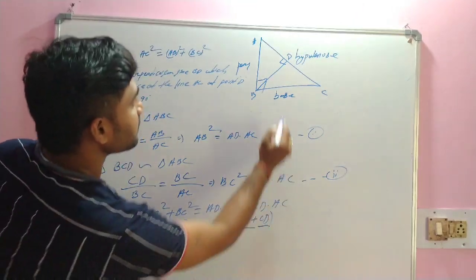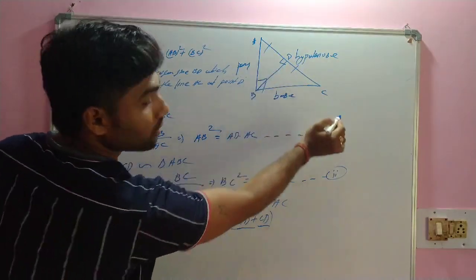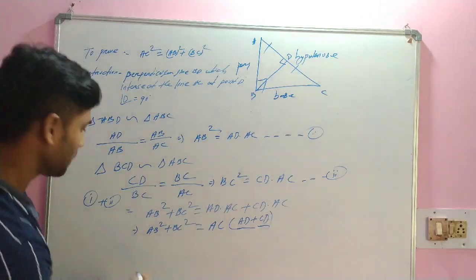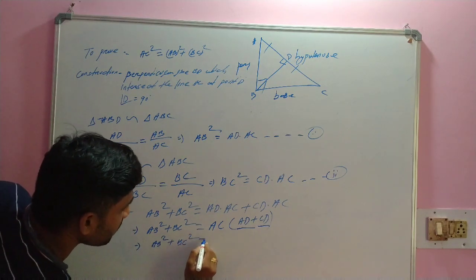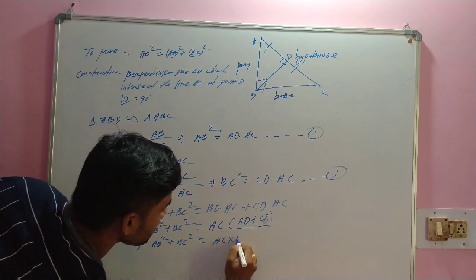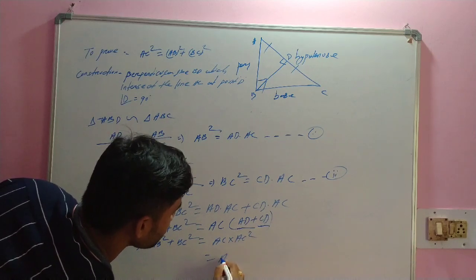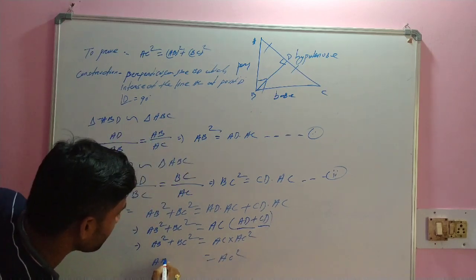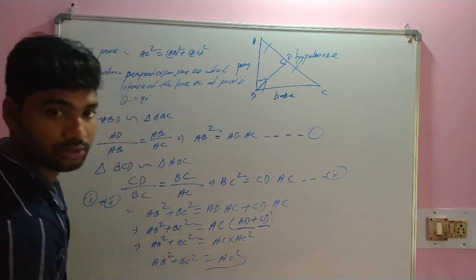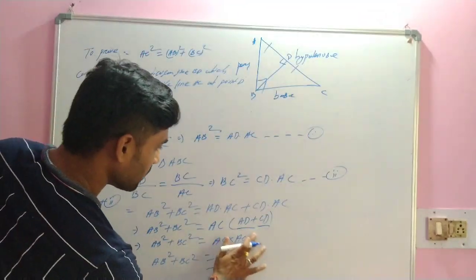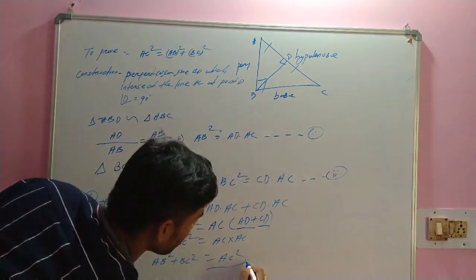AD plus CD equals AC. So AB square plus BC square equals AC into AC, that is AC square, hence proved.